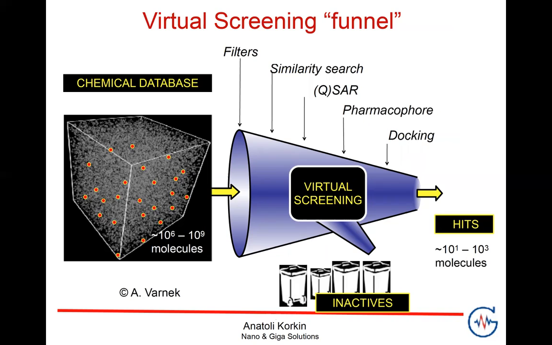And eventually you come up with a small set of materials which you then study in detail computationally. You start from very big sets of millions of molecules and end up with a selection of maybe 10 or 100 molecules, and then you already have to move to the experimental part.